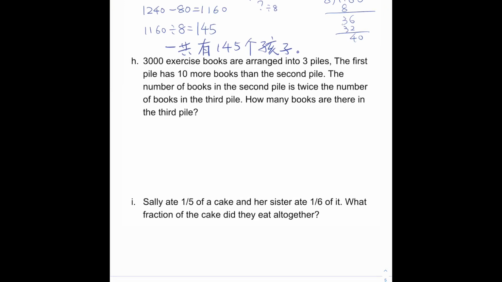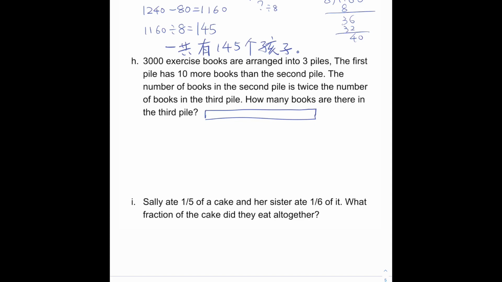The total is 3,000 books, and these 3,000 books are in 3 piles: first pile, second pile, and third pile.